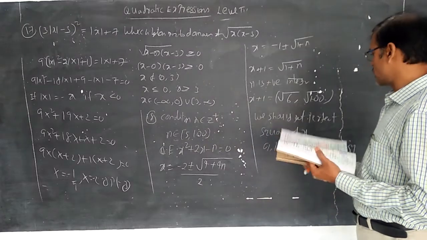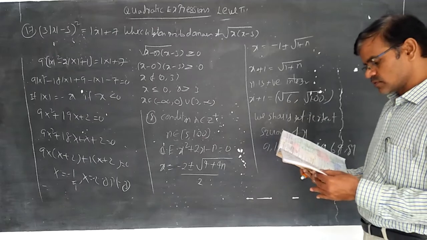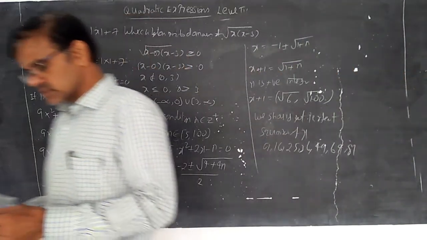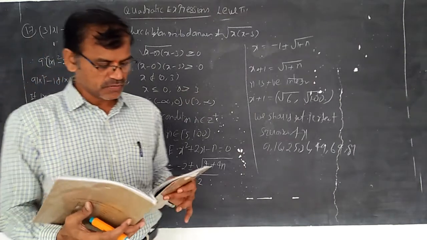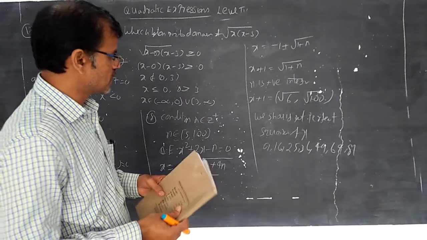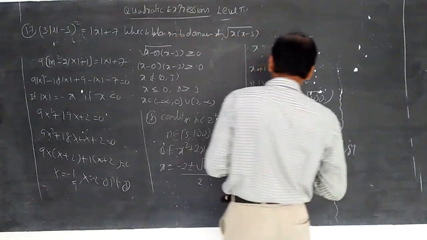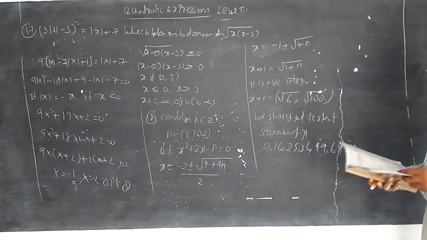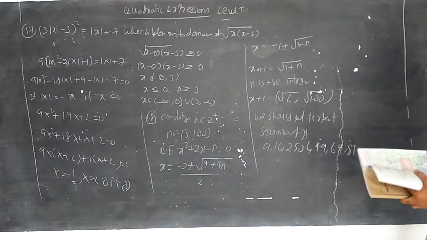If n is positive, n belongs to 5 comma 100, it's okay. Now if we take x plus 1 equal to 100, it is a closed integer.